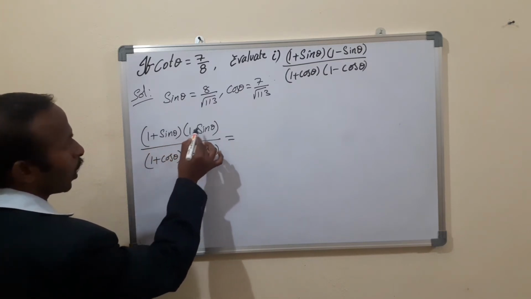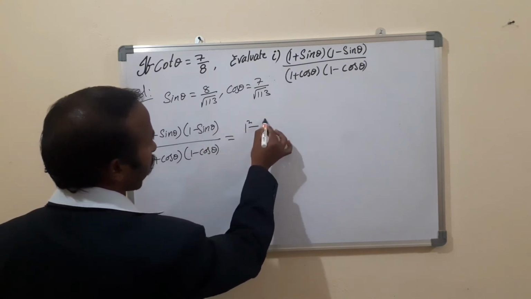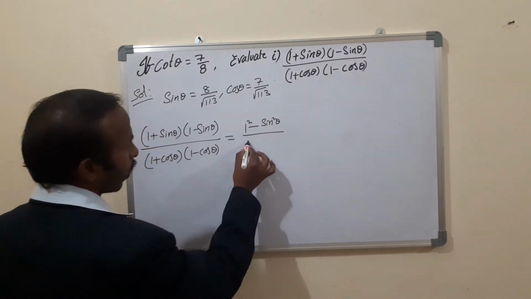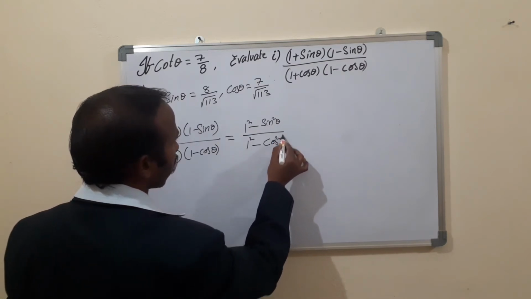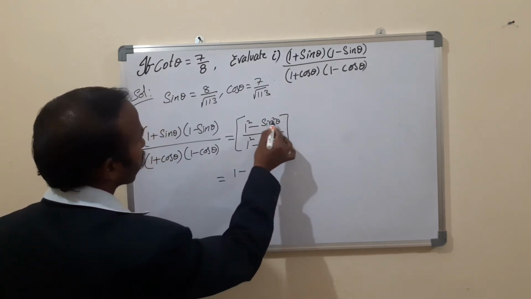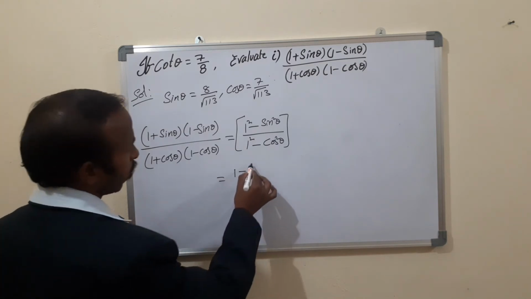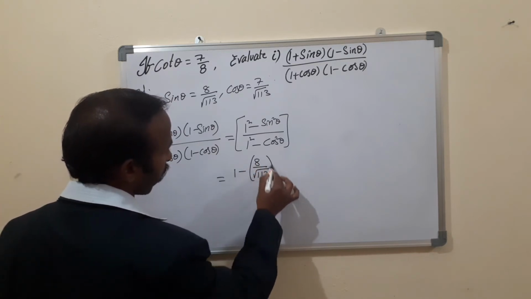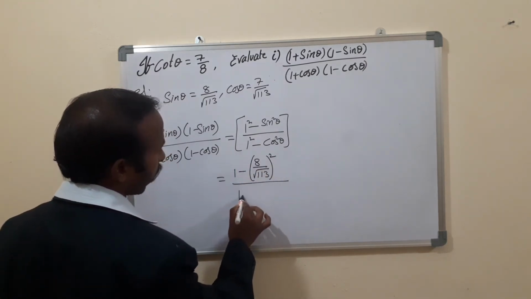A plus b into a minus b equals a square minus b square, by, the same way, a square minus b square. Now 1 minus sin square theta, where the value of sin theta is 8 by square root of 113. So 8 by square root of 113 whole square, because here sin square is there, whole by 1 minus cos square theta.